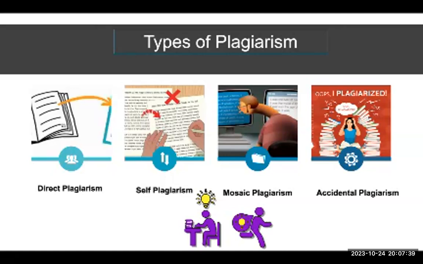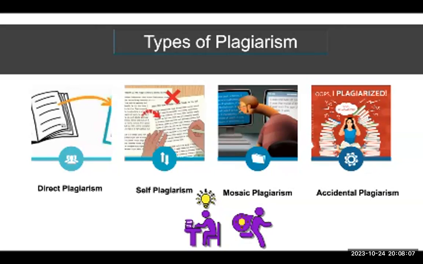The second one is self-plagiarism. Self-plagiarism occurs when a student submits his or her own previous work or mixes parts of previous work without permission from all professors involved. For example, it would be unacceptable to incorporate part of a term paper you wrote in high school into a paper assigned in a college course.